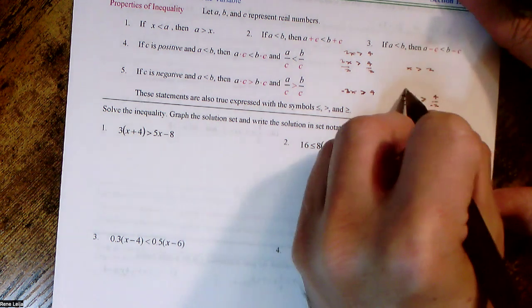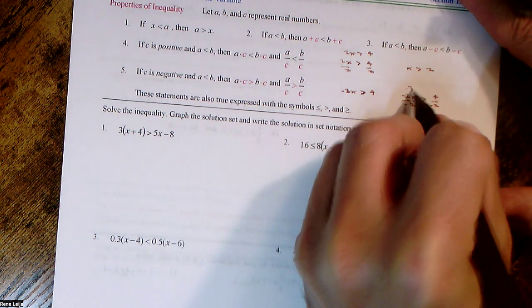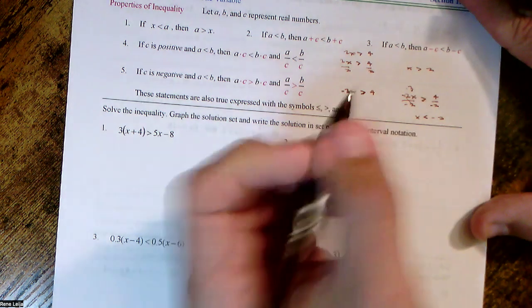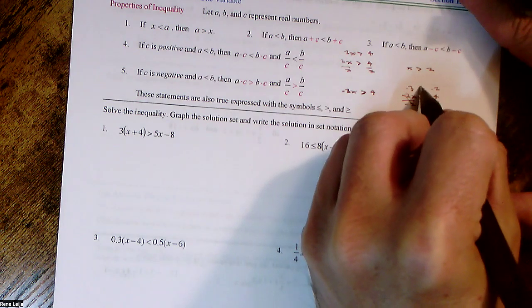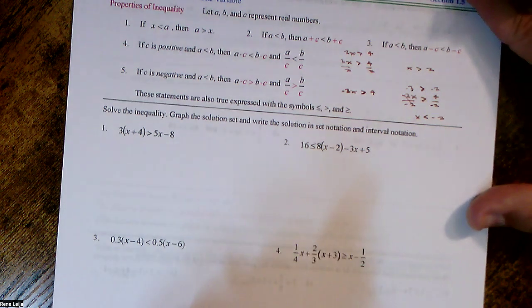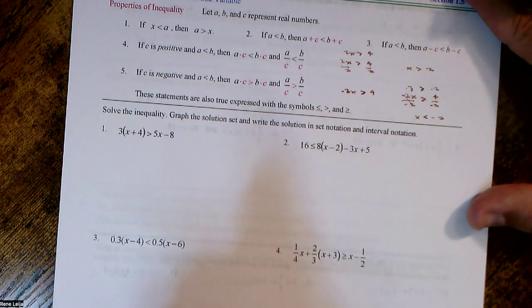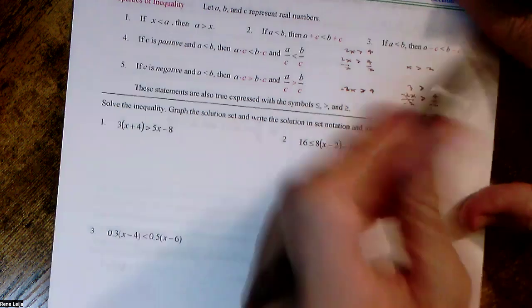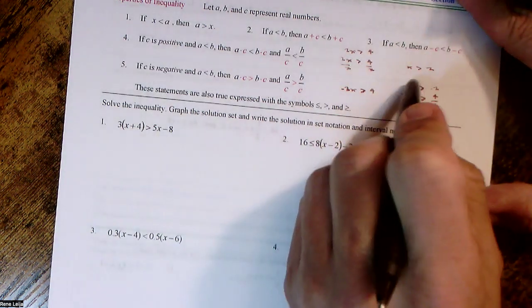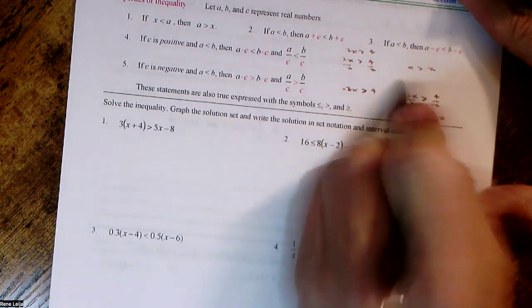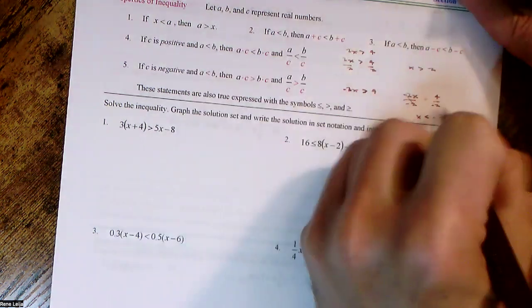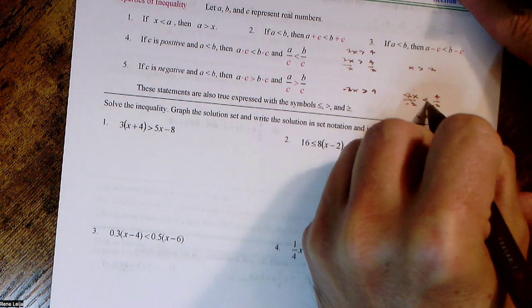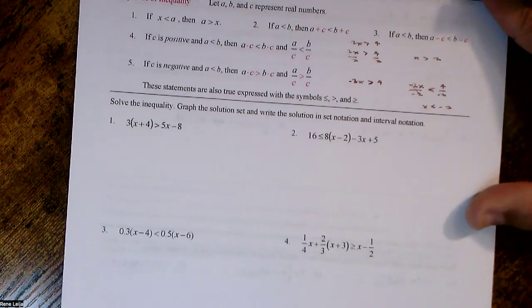That's a -3. 4 divided by -2 is a -2. Now, this statement is not true. -3 is not greater than -2. Okay? So that's why when you divide by the negative, that is when you have to flip this inequality.